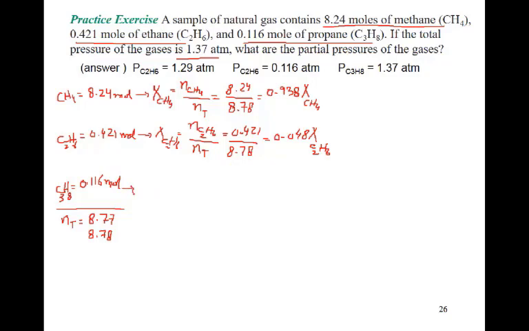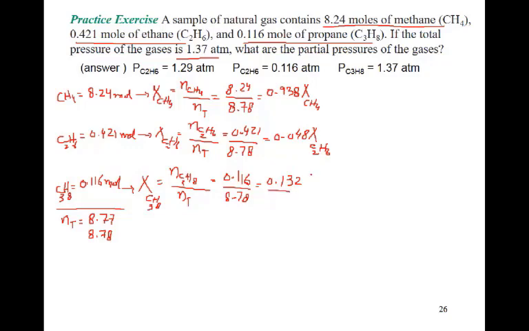Similarly, for propane C3H8, the mole fraction of propane is equal to the number of moles of C3H8 divided by the total number of moles, which is 0.116 divided by 8.78, equal to 0.132.